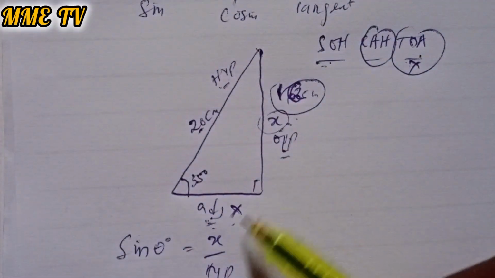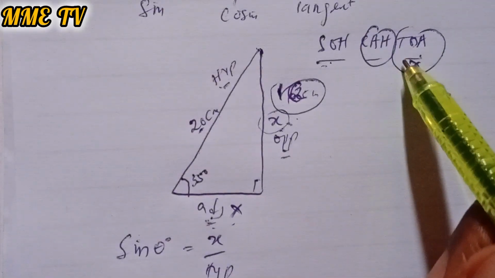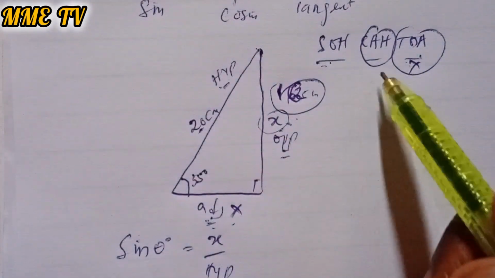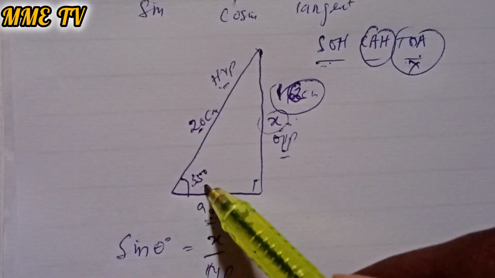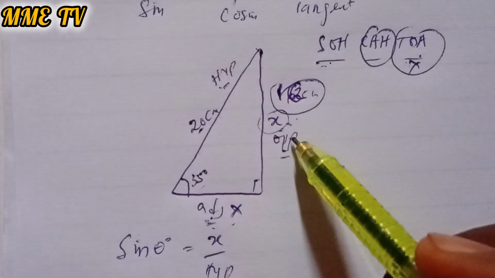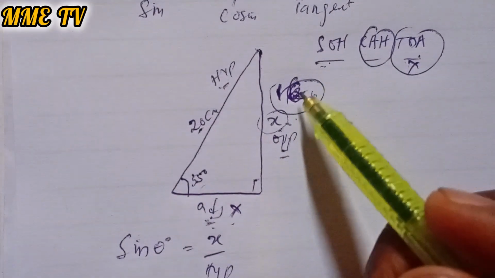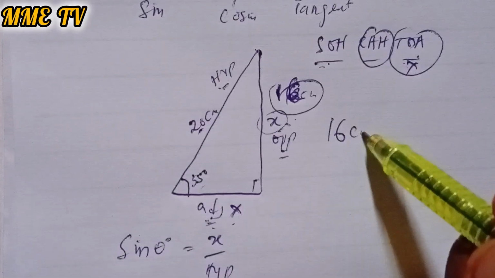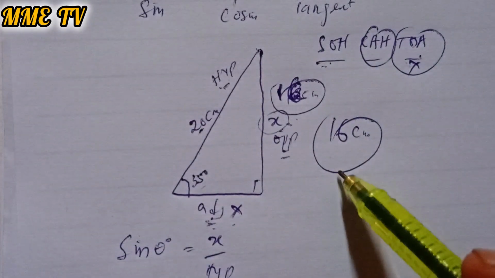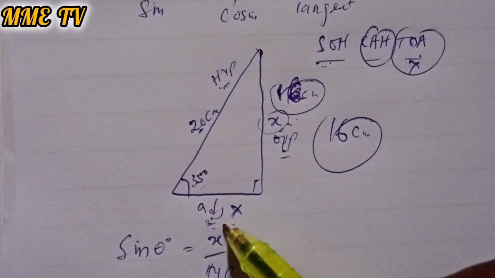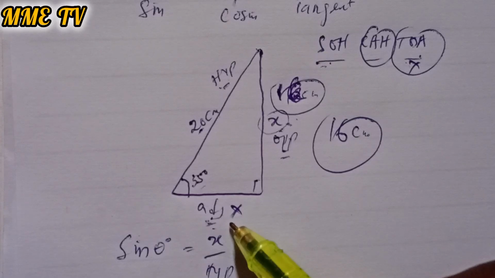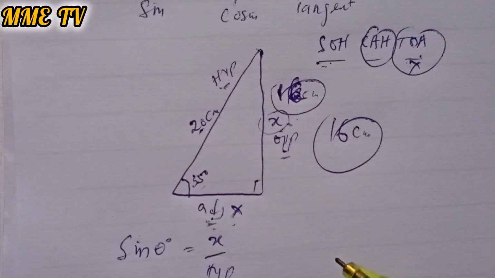So it means that what you will use to solve this is going to be tangent. So it would have been tan of this angle is going to be equal to, since here is now 16, remember that here is 16 cm, so it will be 16 over the adjacent, which is x. Then you find what you're looking for.